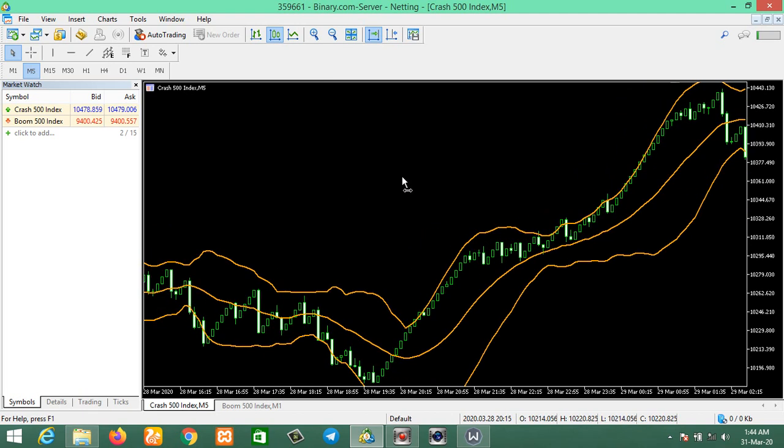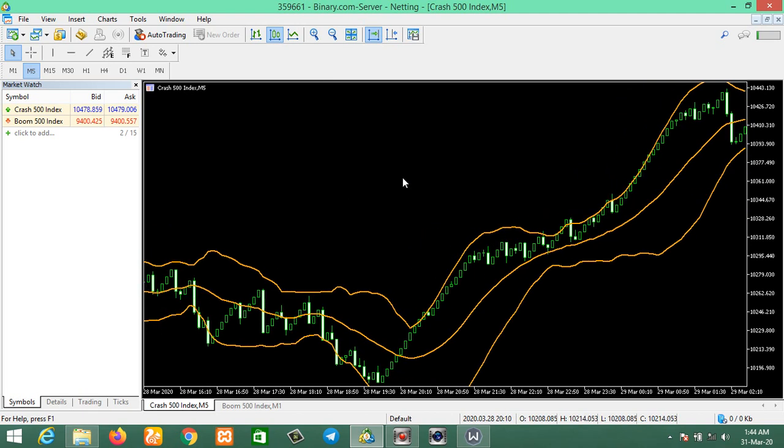Of course, when it touches the lower Bollinger Band, at some point it will move from there to the upper Bollinger Band, then move down. That is how it moves. But at the time it will move, we are not too sure about it, so we have to watch out for the breakout. The third is check the average.